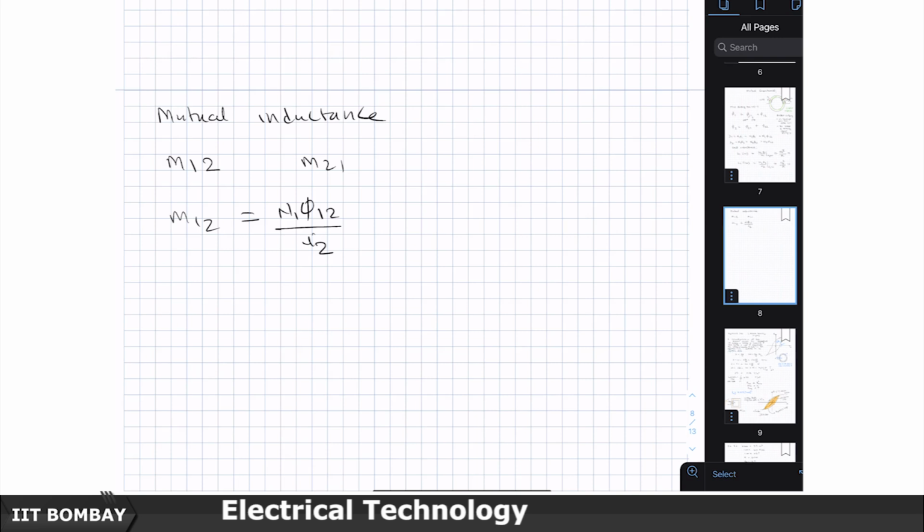Another way of saying it is, let there be a unit current, 1 ampere flowing through the coil 2, put a flux meter and measure the flux associated with the coil 1. Once you have got that phi12, just multiply it with the number of turns of the coil 1, and that gives you the mutual inductance M12.